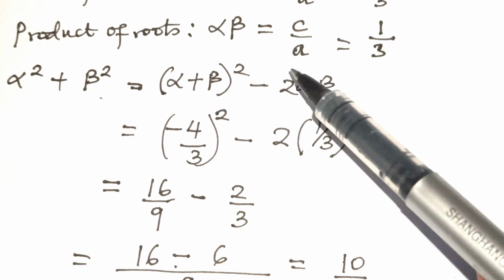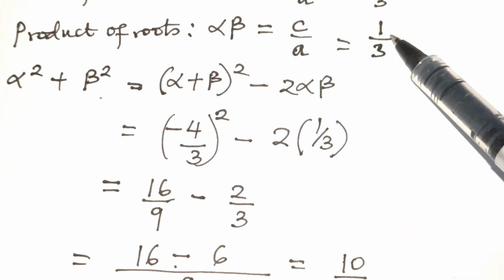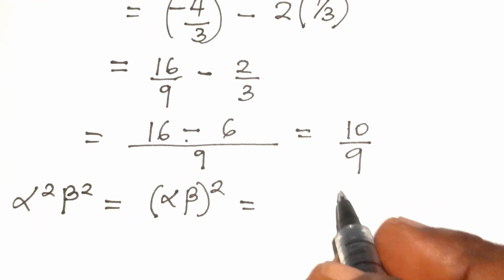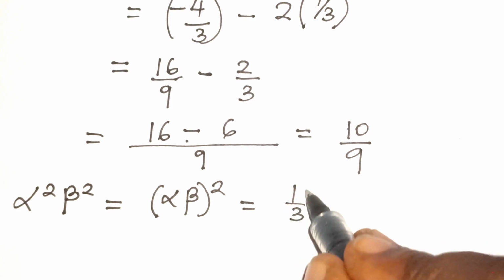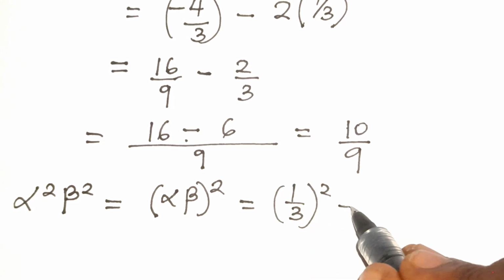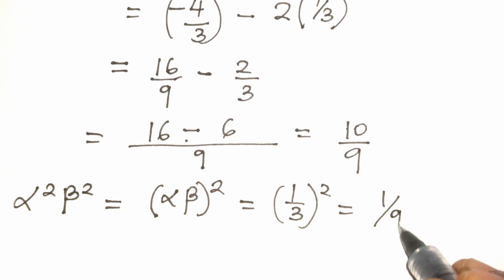Here we have alpha beta is equal to 1/3. So here we will have 1/3 squared. The square of 1/3 is 1 over 9.